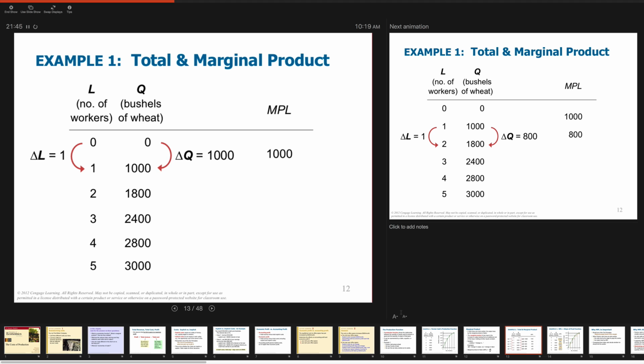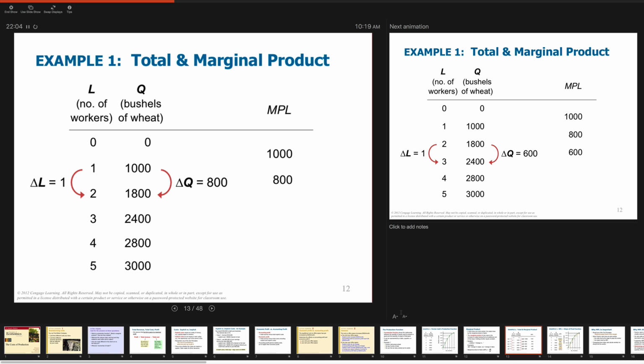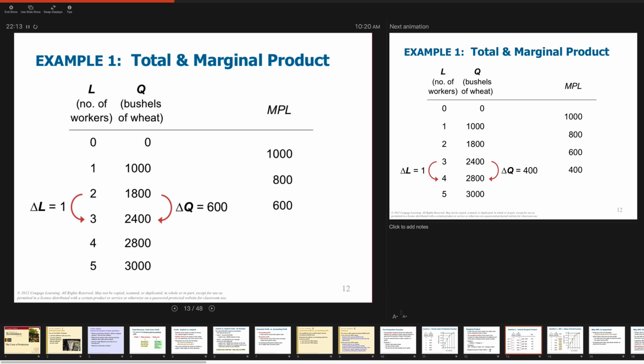So 1,000 divided by 1 is 1,000. The change in labor here is 1, the change in quantity is 800, 800 divided by 1 is 800. That's terrible. We're math geniuses. 600. 400.